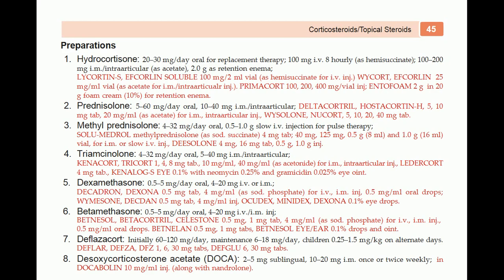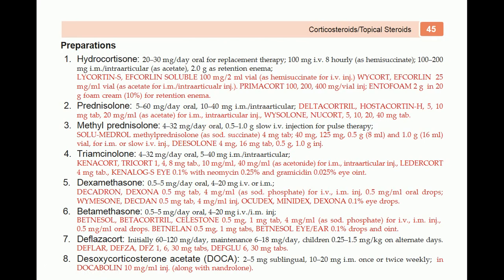Another one is prednisolone. Prednisolone is available at a dose of 5 to 60 milligrams per day orally, as well as 10 to 40 milligrams intramuscularly and intra-articular. It is available in the market under different trade names like Deltacortril, which is prednisolone, or Hostacortin H, available at a dose of 5 to 10 milligram in tablet, and 20 milligram per ml as acetate for IM and intra-articular injections.